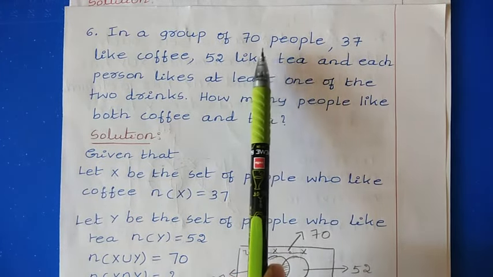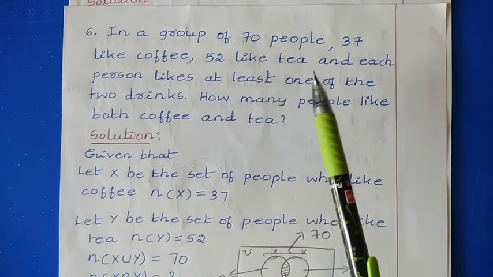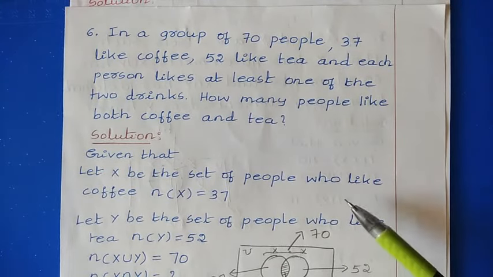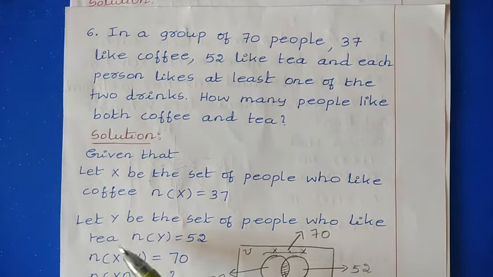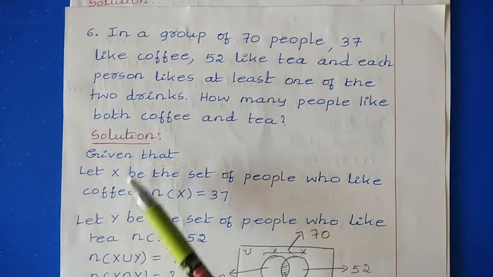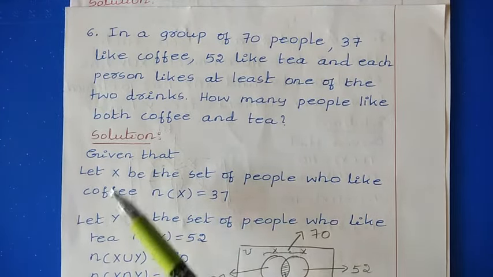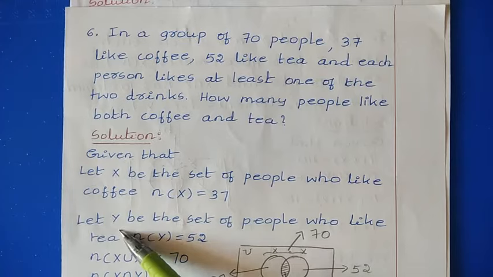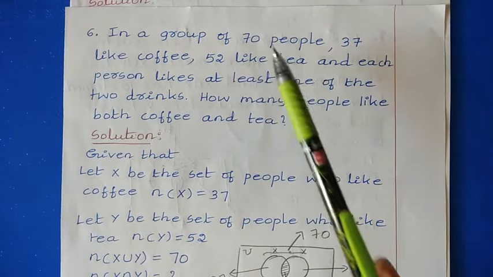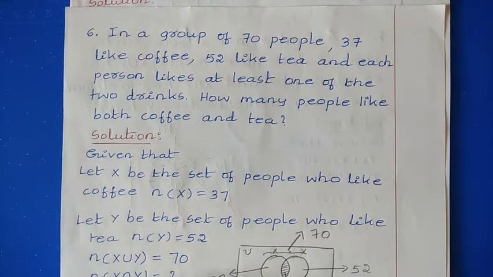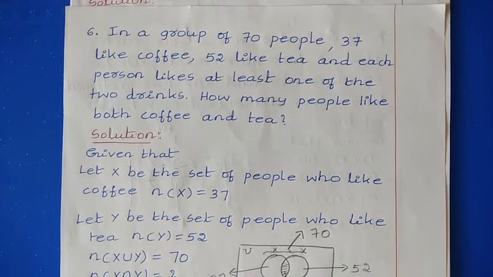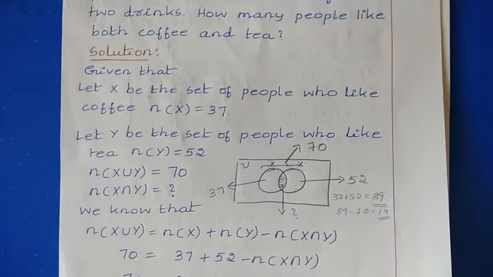So here, we will write two sets. One set as the people who like coffee, that we will take as X set. And let us take Y set as the people who like tea. So here we have two sets, X and Y. Now, among these two sets, the total number of people they are talking about is 70. So, we can write that n of X union Y is equal to 70, the total number of people in the group.